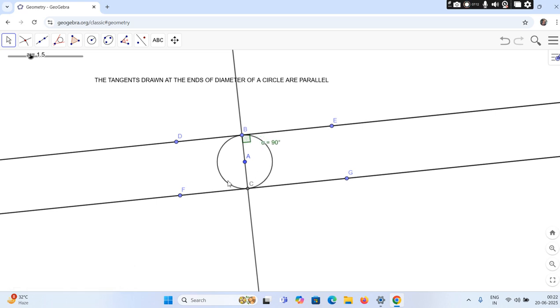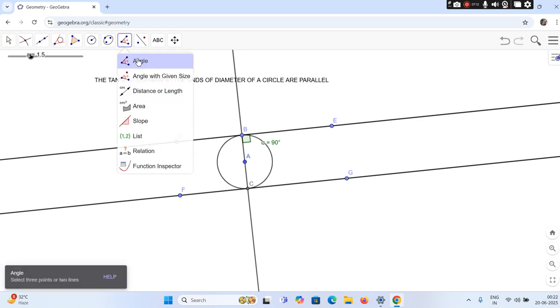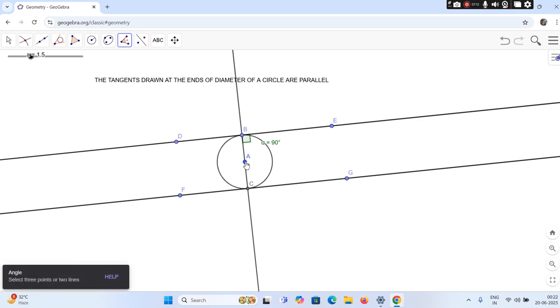I'm going to show the pair of alternate interior angles. If they come out equal, then we can prove that the lines DE and FG are parallel to each other. Now we'll measure the angle ACF. Yes, it comes out equal to 90 degrees.